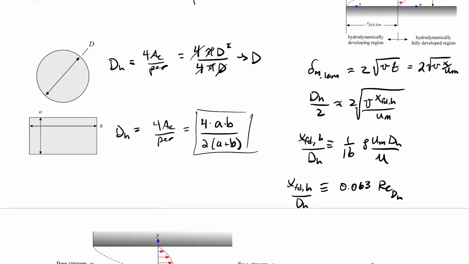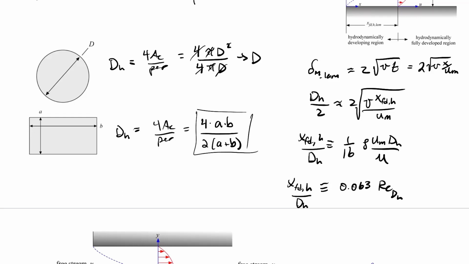So if I want to know at what position it becomes fully developed, this equation will approximately tell me that. That 0.063 is just 1/16, so you could keep it exact. The book does it with the 0.063, but it's such an approximate calculation that it doesn't really matter that much. But this will give you the length where it becomes fully developed.